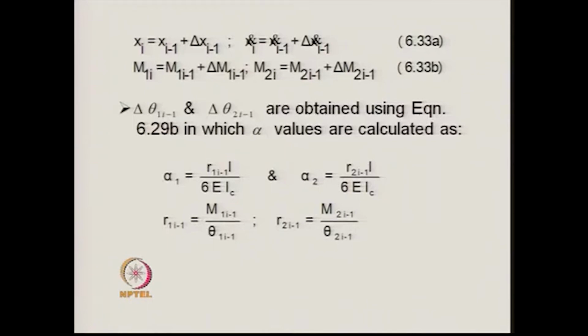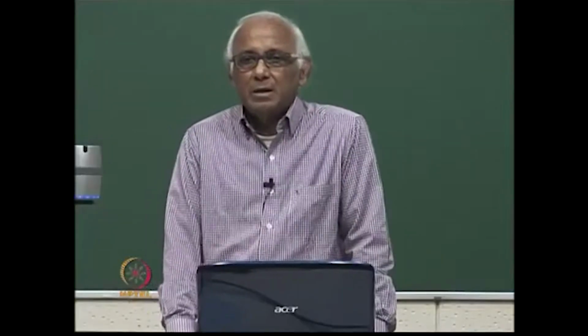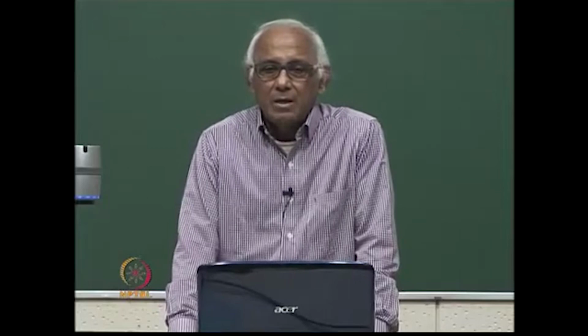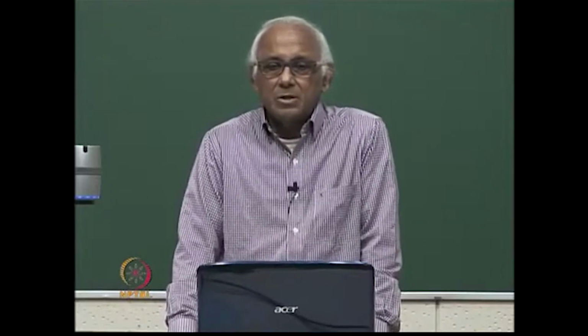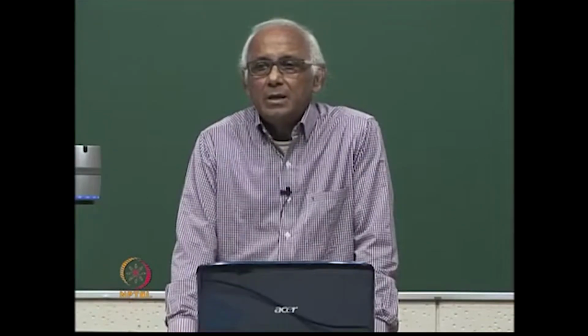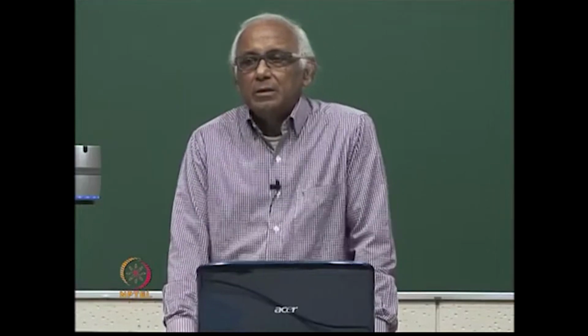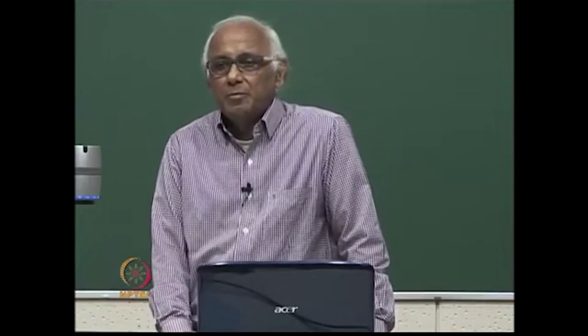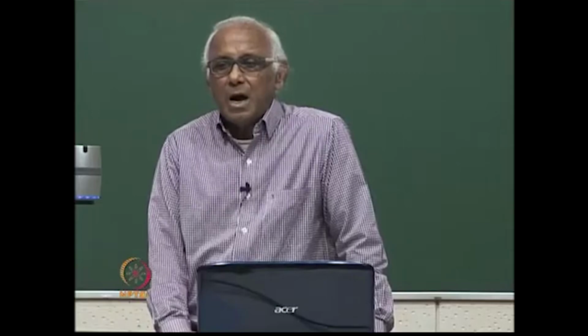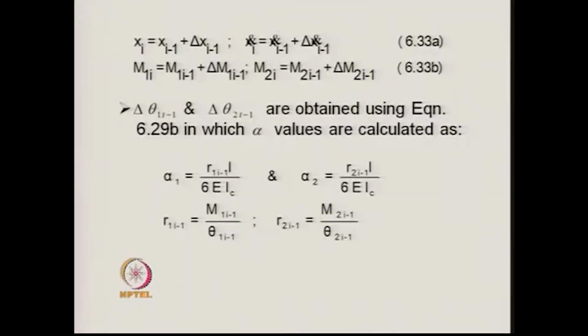Similarly, one can calculate the value of the bending moment at the ith time station at a cross section of the beam, and in obtaining the bending moment at the ith time step, we need to know delta m 1 I minus 1 and delta m 2 I minus 1, that is at the two ends of the beams.